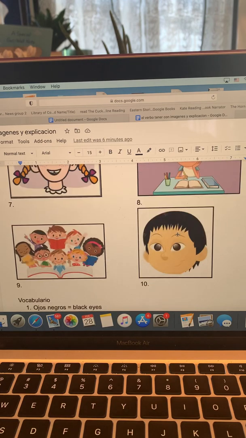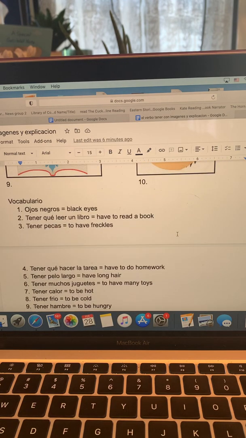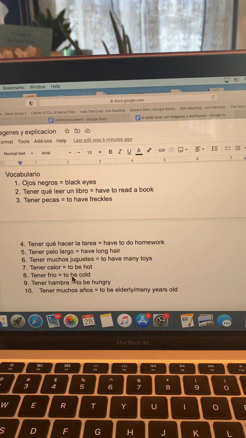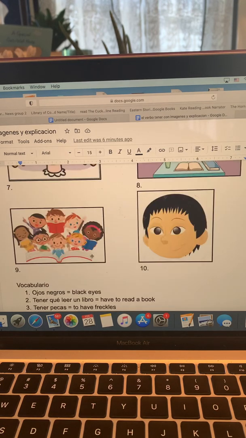In this instance, when there's an obligation, you're going to have to conjugate the verb like in number 4 right here. Tener que. Tener que, because this is an obligation. Hacer la tarea. Have to do homework. So remember, you need to add tener conjugated, que. Hacer la tarea. Okay? Let's go back up.